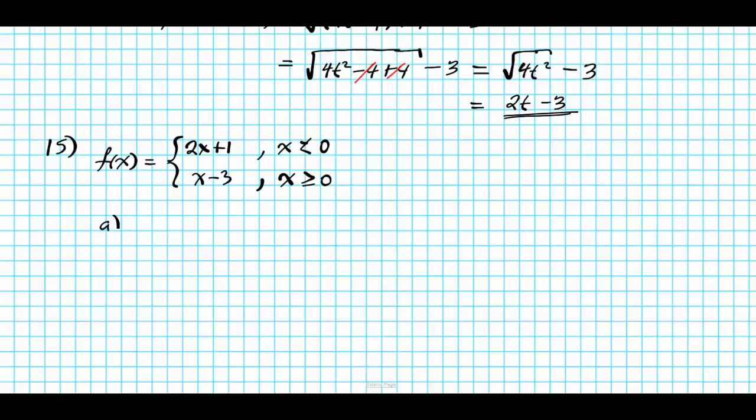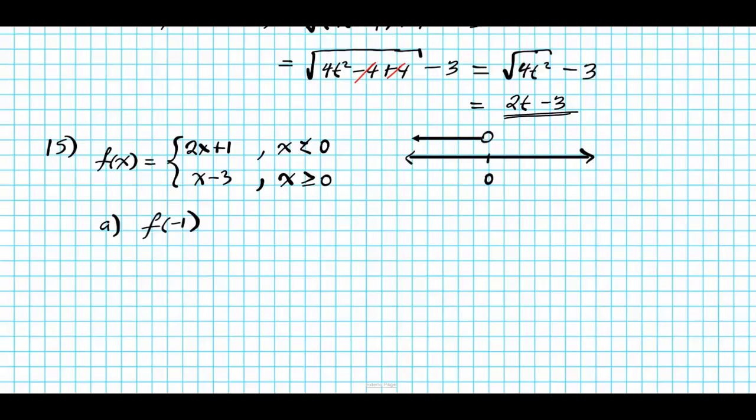So for the a part, what if we were to find f of negative 1? One thing to help you with this problem is to give yourself a visual as to what's going on, all right? So if this is the number line, and this is 0 right here, anything to the left of 0, you're going to have the first function, okay?